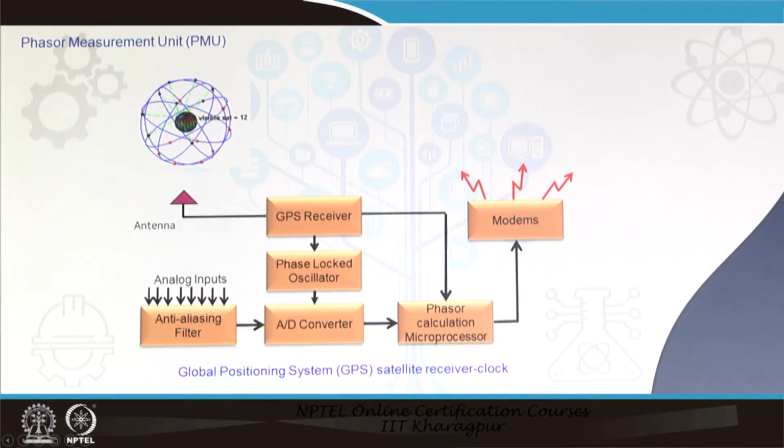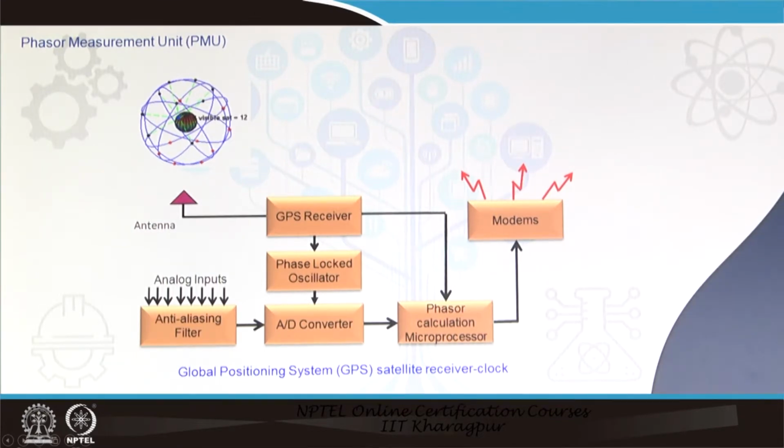Now, the voltage, current and all the analog inputs are fed to the PMU through PTs and CTs, and the A to D conversion process samples them, and then the phasors are calculated using DFT or so, as already mentioned. Then the phasor values are time stamped, in addition to the frequency and rate of change of frequency or any other information to be sent to a particular destination.